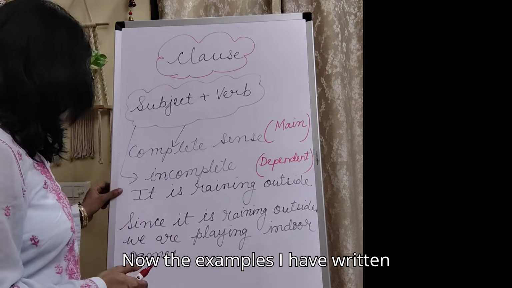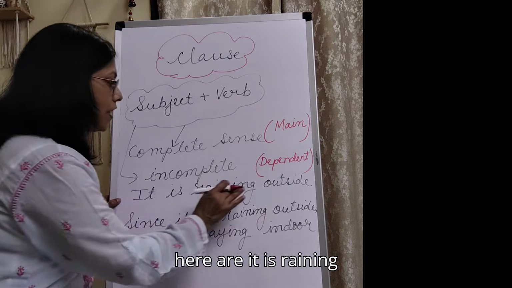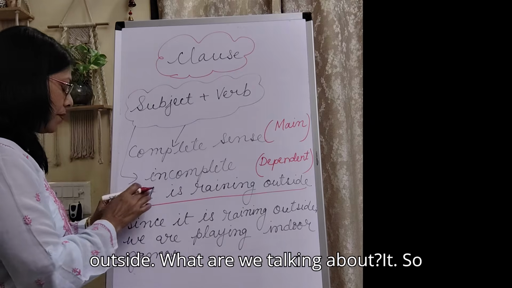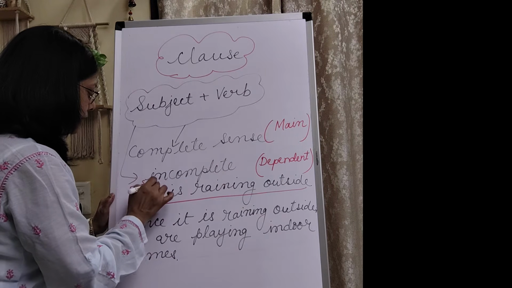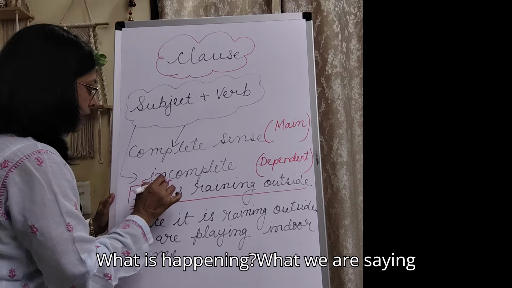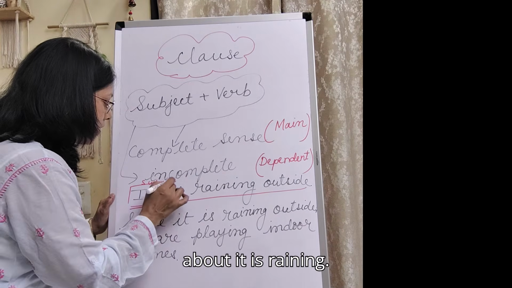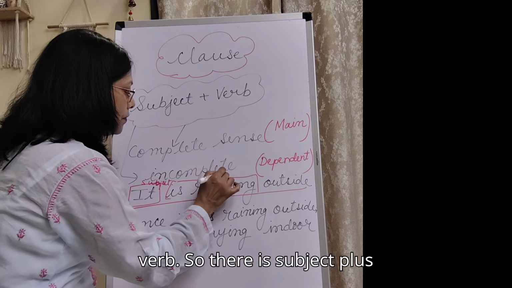Now, the example I've written here is: it is raining outside. What are we talking about? It. So it is your subject. What is happening? What we are saying about it is raining. This is the action, so this is your verb.